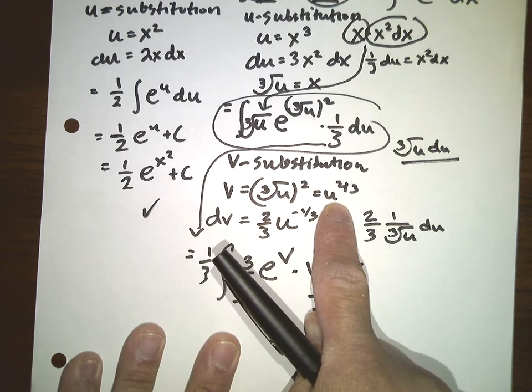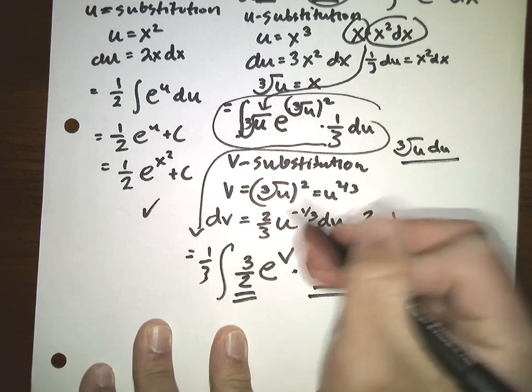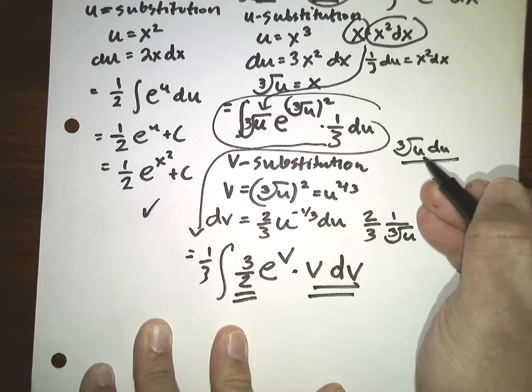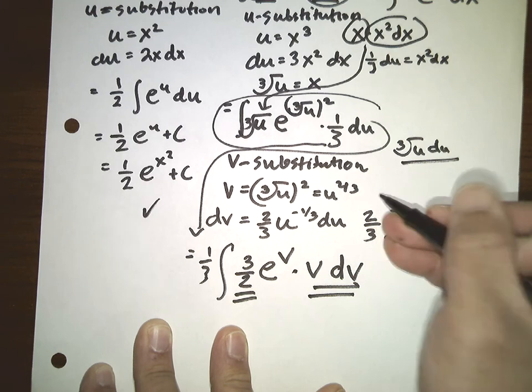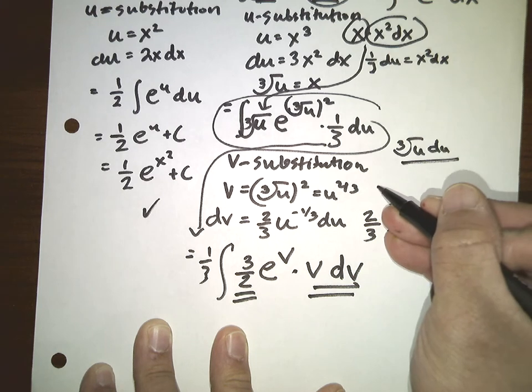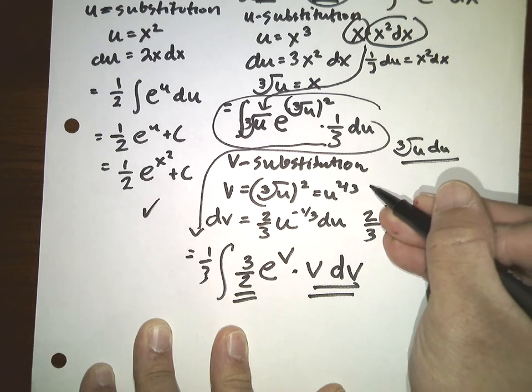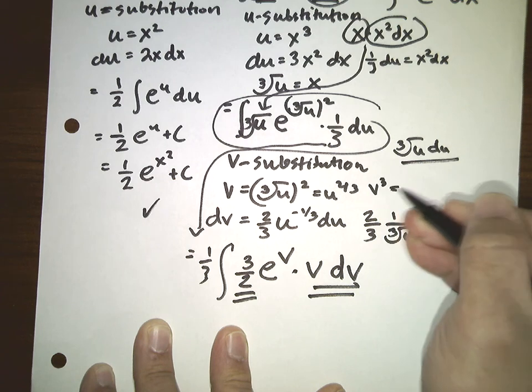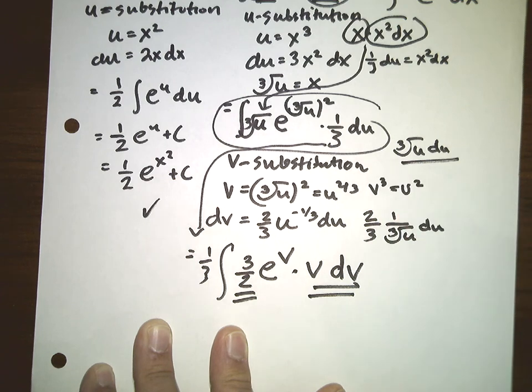So then I take this to the 3/2 power to solve it for u, or in other words, I could cube each side and I get v cubed is u squared. All right, so just remember that also.